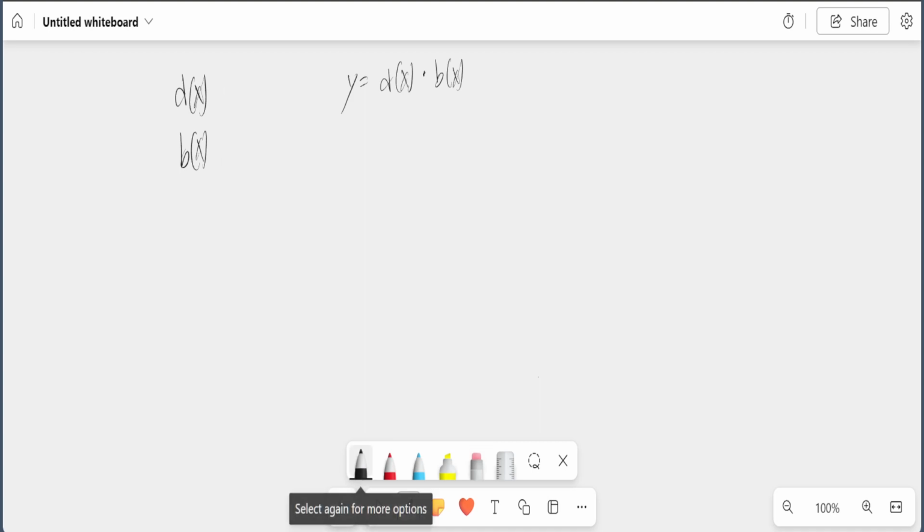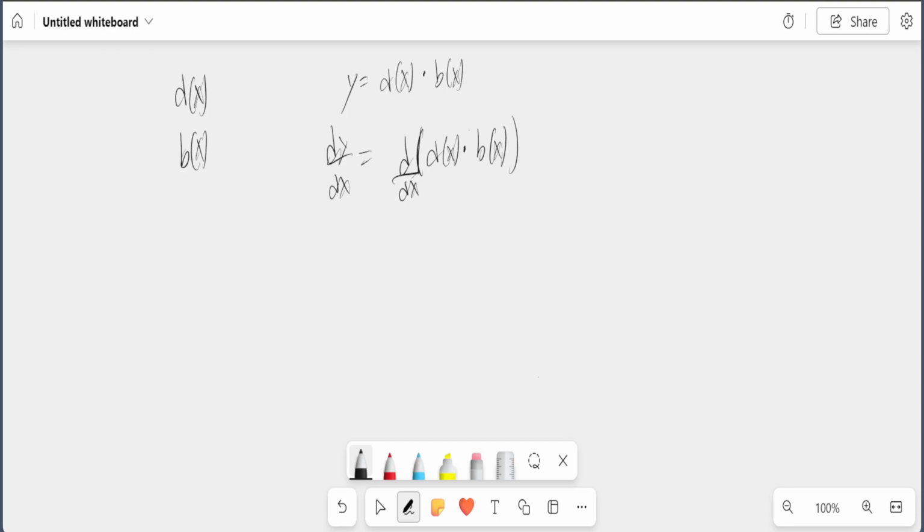So, taking the derivative of this with respect to x, we get dy/dx is equal to the derivative of a of x times b of x. Let's do d over dx. And that's equal to, what is that equal to? Product rule.